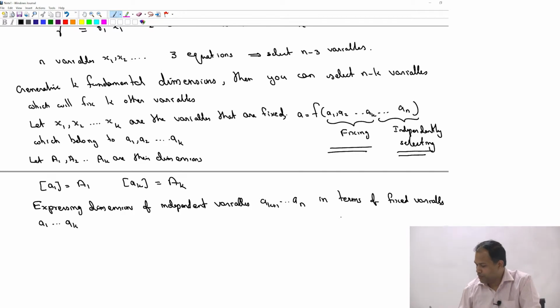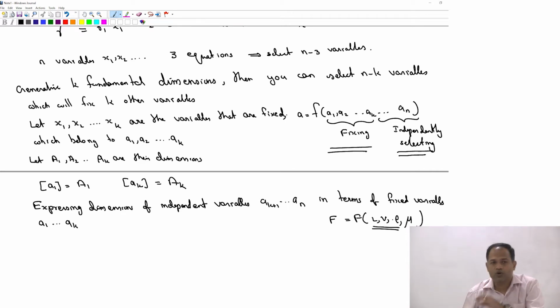So let's take the problem of force given by, let's say, mu, rho, L, V. Or I'll rewrite it in a different way: L, V, rho, mu. I'm going to select L, V and rho as the fundamental dimensions so that I can represent the dimensions of mu in terms of L, V and rho, and I'll be able to do that, right?